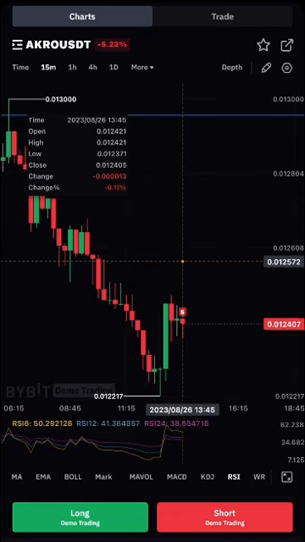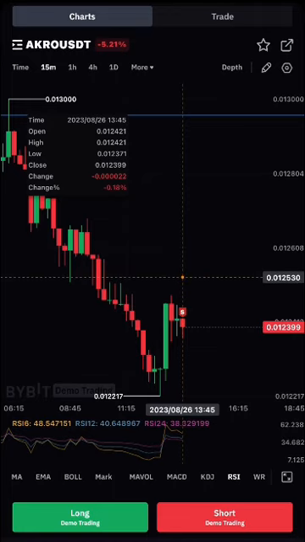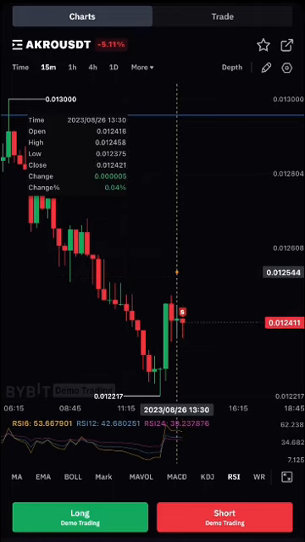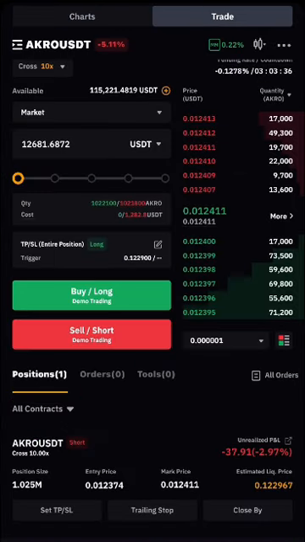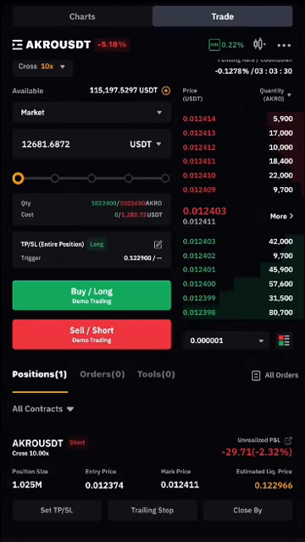Let's say we'll set it at 0.12570. Okay, let's bring it down a little bit: 0.12530. Let's assume our stop loss is 0.12530. So you go back to that place I showed you.